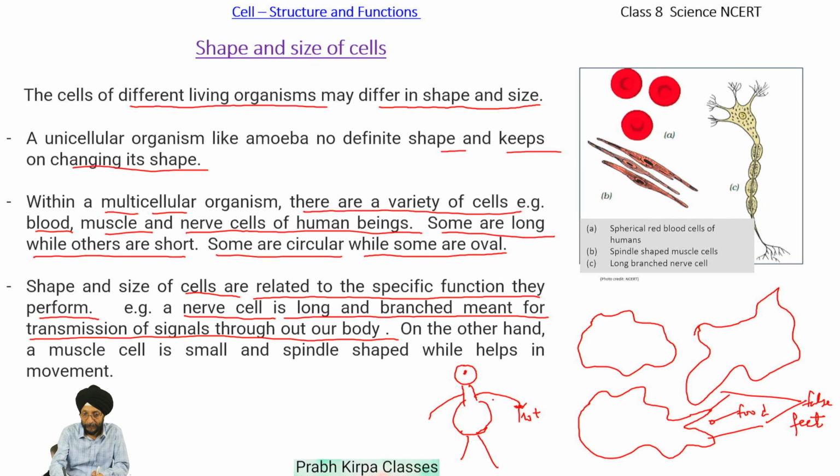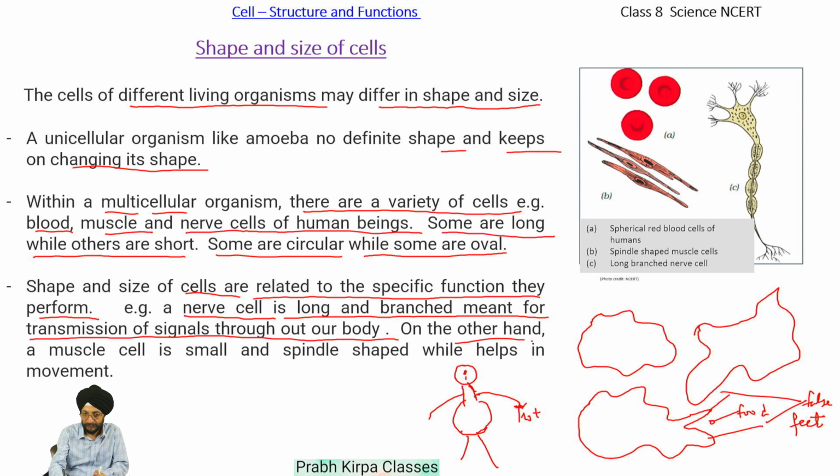Why? Because the nerve cells transmit the signal from our hand to the brain immediately. That is why the nerve cells are long and branched for transmission of signals throughout our body.